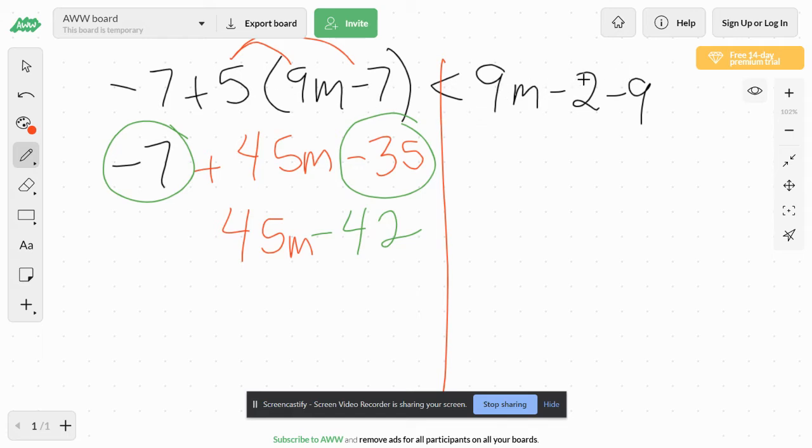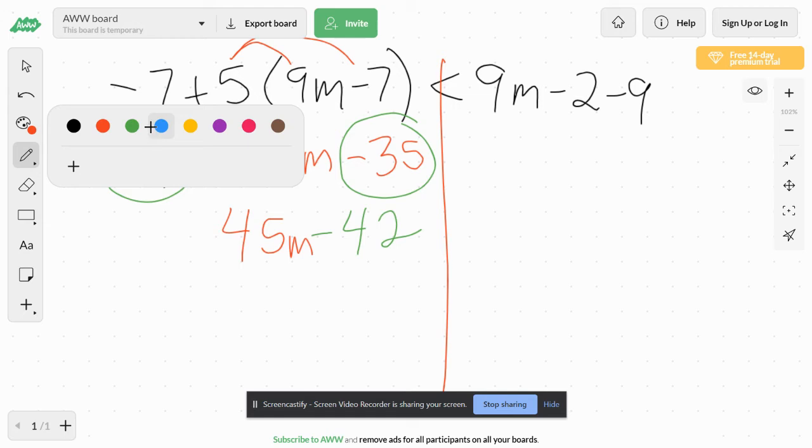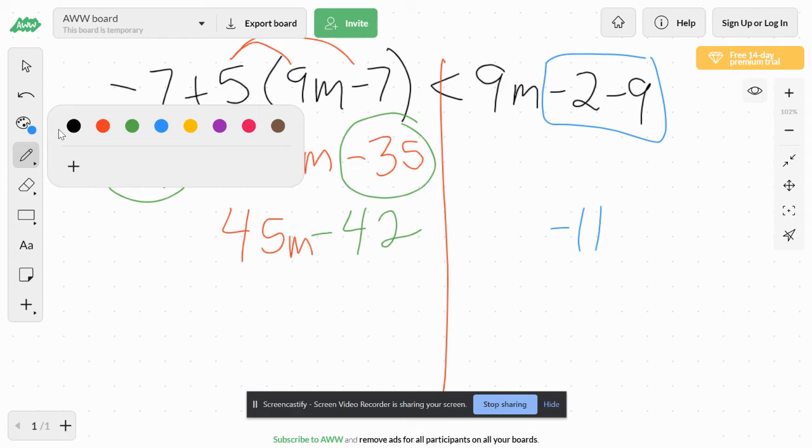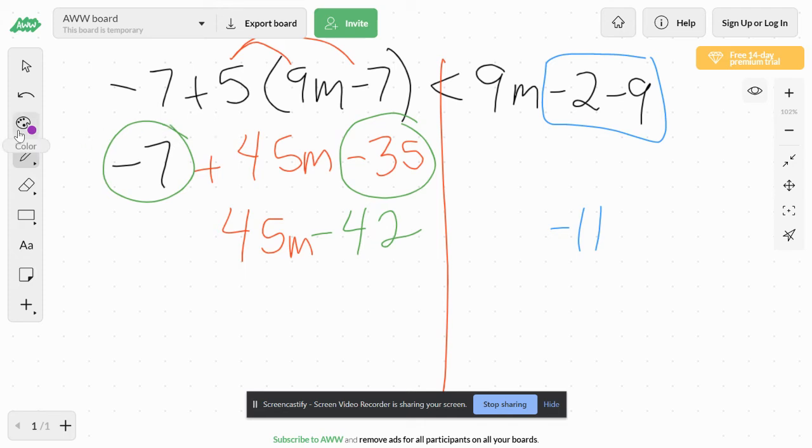What can I simplify? There's no distributing, so I can combine like terms, negative 2 and negative 9, which is negative 11. Bring down the 9m.